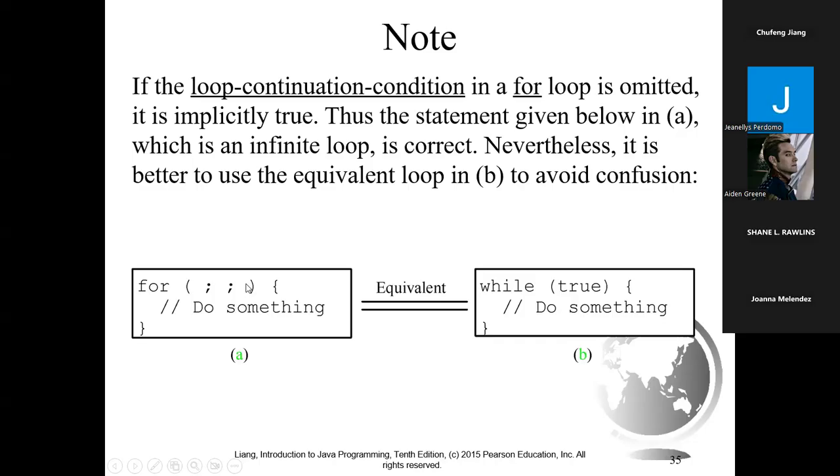Thus, the statement given below in A is an infinite loop because it doesn't determine a condition for when the for loop is terminated. Nevertheless, in this case, it's better for us to use the while loop instead to avoid confusion. And the A block and the B block are equivalent.